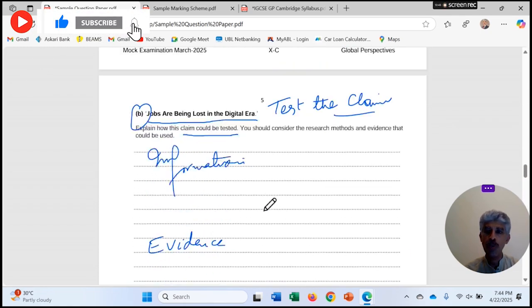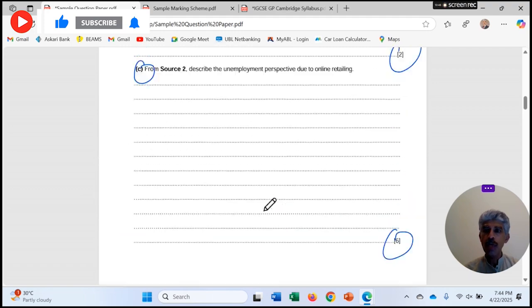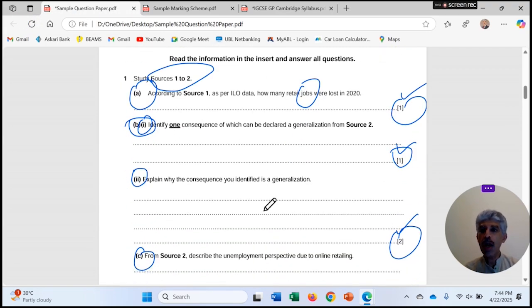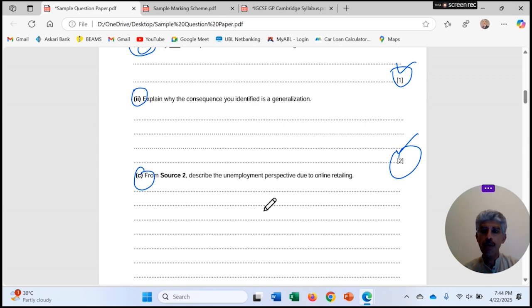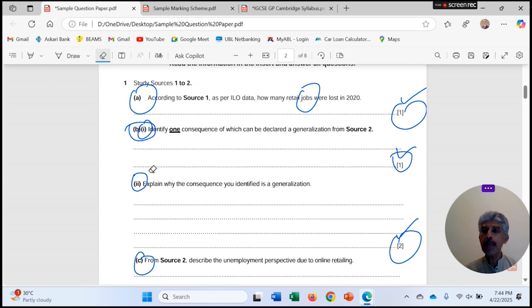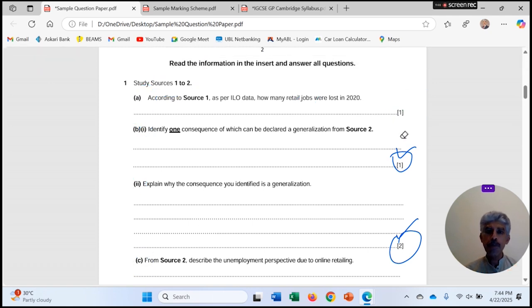So coming back to question number 1. As I told you, question number 1 has 4 parts, A, B, C and D. Let me erase the things over here.